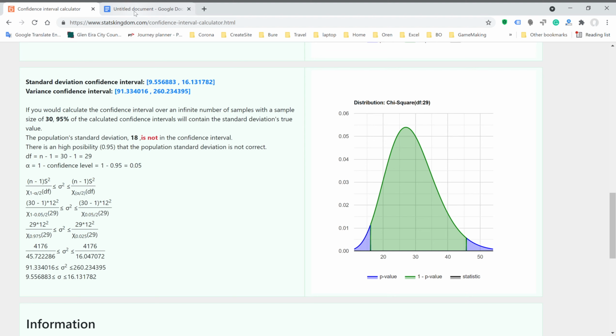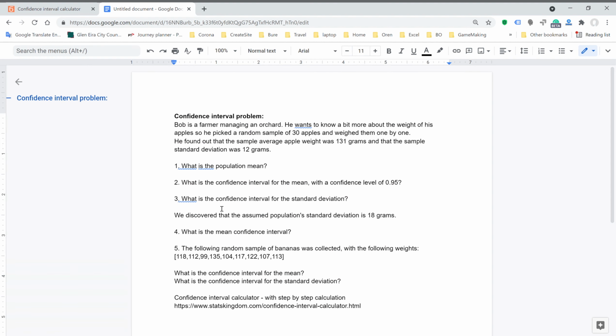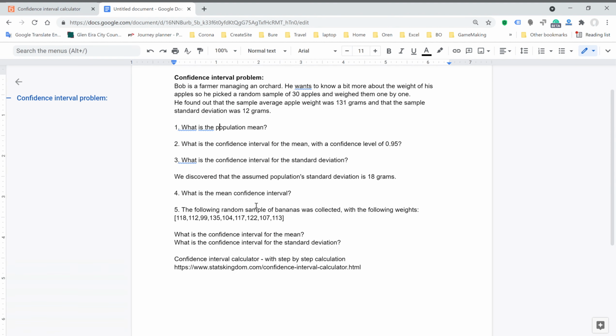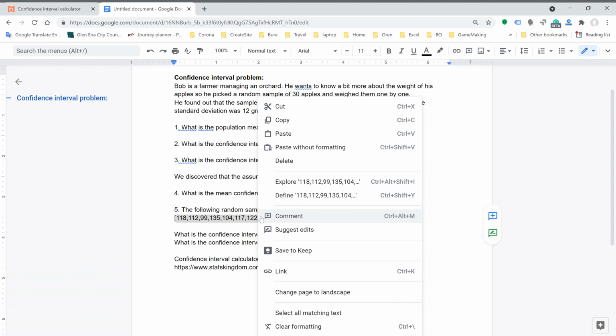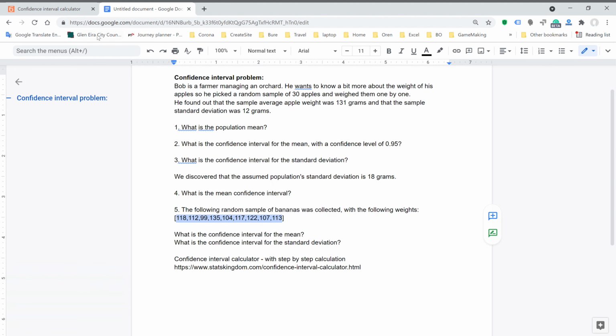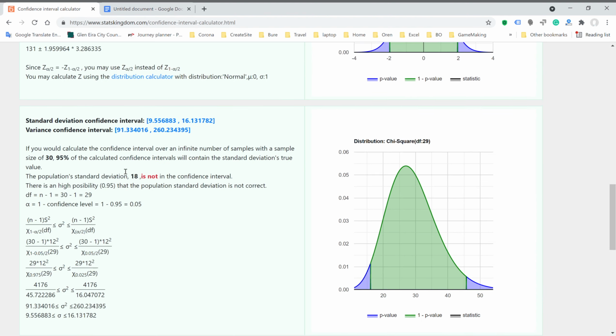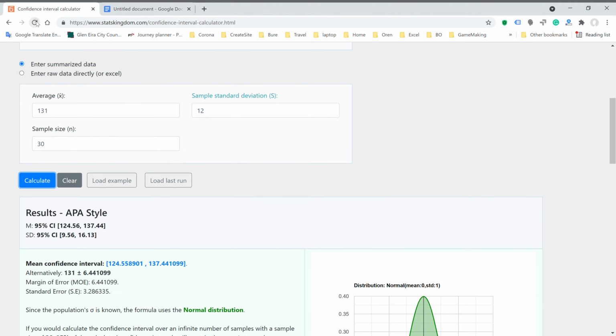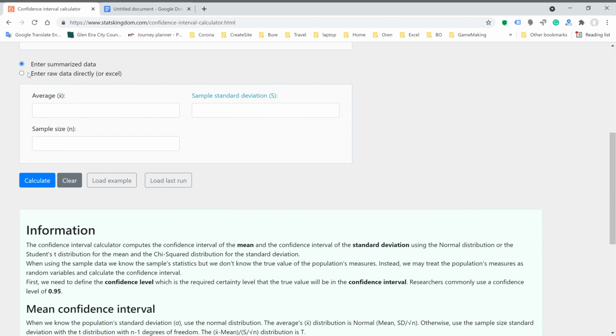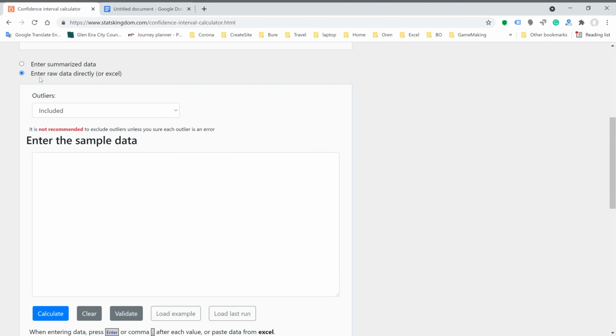Now if we had different data, if we had a random sample of banana weights with the following weight, we can then copy this data and go back to the calculator. And instead of enter summarized data, we can enter the raw data.